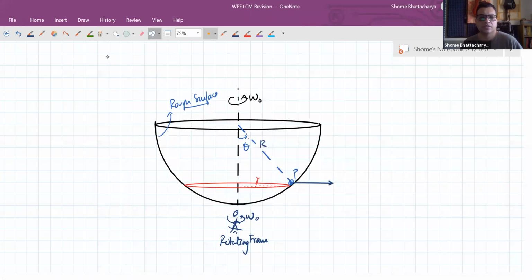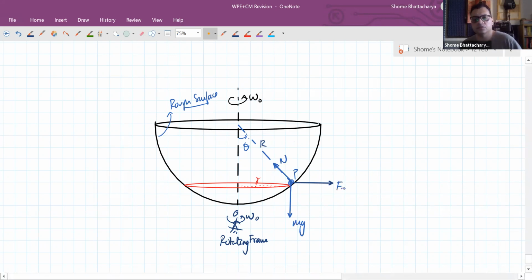Then the other forces like gravitational force and the normal contact force, which will act like this. So normal reaction is there, mg is there, and most importantly, centrifugal force is there, which will have a magnitude of m omega naught square small r.